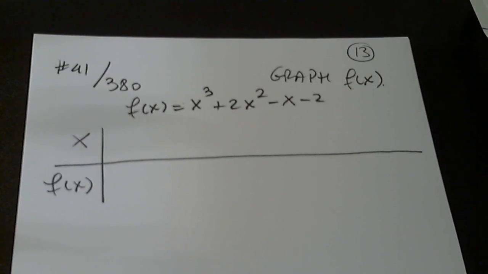There are a lot of steps here, and we're going to list all of them. Of course, the first step is domain. Can anyone refresh our memory on the domain of this polynomial function or any polynomial function? What is the domain?